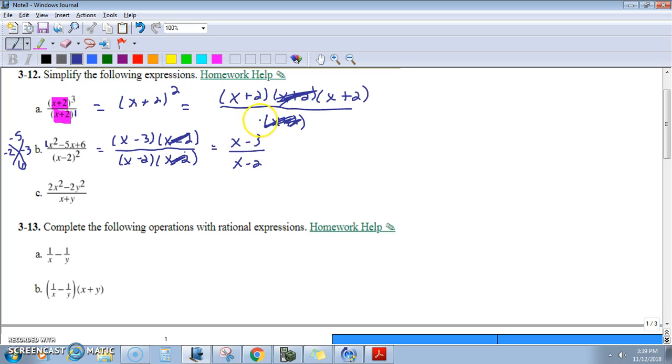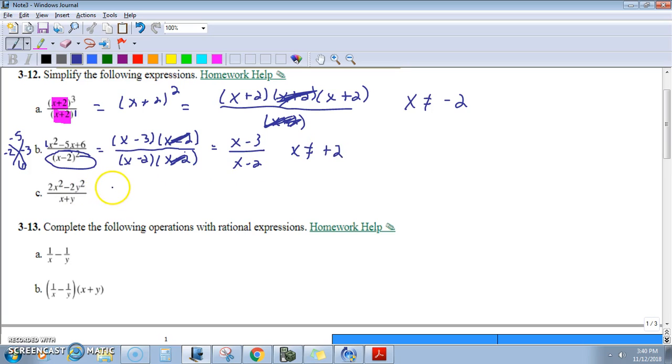None of these are asking us to find where these functions will not exist, but obviously our exclusions could never be -2. That would make it 0. And you always have to do it before we've done anything. Sometimes it's the same, but before we've done anything. And here, x cannot be +2.